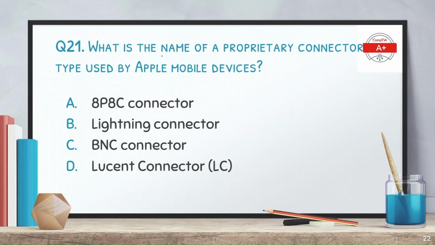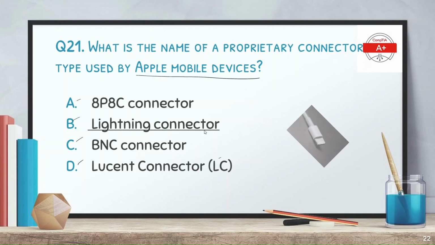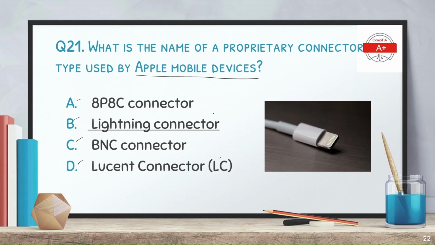Question number 21 is that what is the name of a proprietary connector type used by Apple mobile devices? So the Apple user must know the answer, and the options are A, 8P8C connector, B, Lightning connector, C, BNC connector, and D, Lucent connector or LC connector. And the correct option is the Lightning connector, and this is the picture of the Lightning connector.